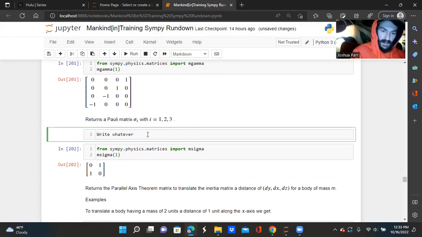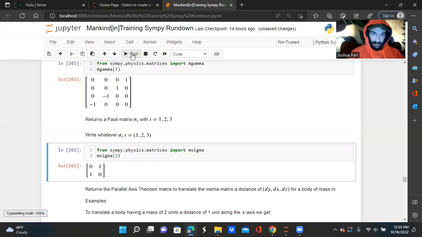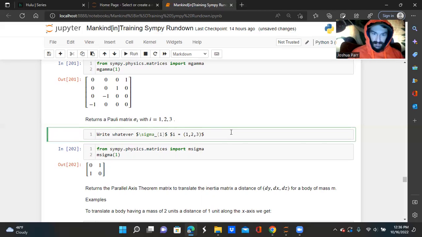But if you want it to be mathematically represented, you would go sigma, like this is how I wrote this here, underscore if you want to do a sub, and then within some curly braces, I put the I part, and then over here we have I equals 1, 2, 3. And you run that. Yeah, that's weird. It did it that time. But yeah, you pretty much write whatever.